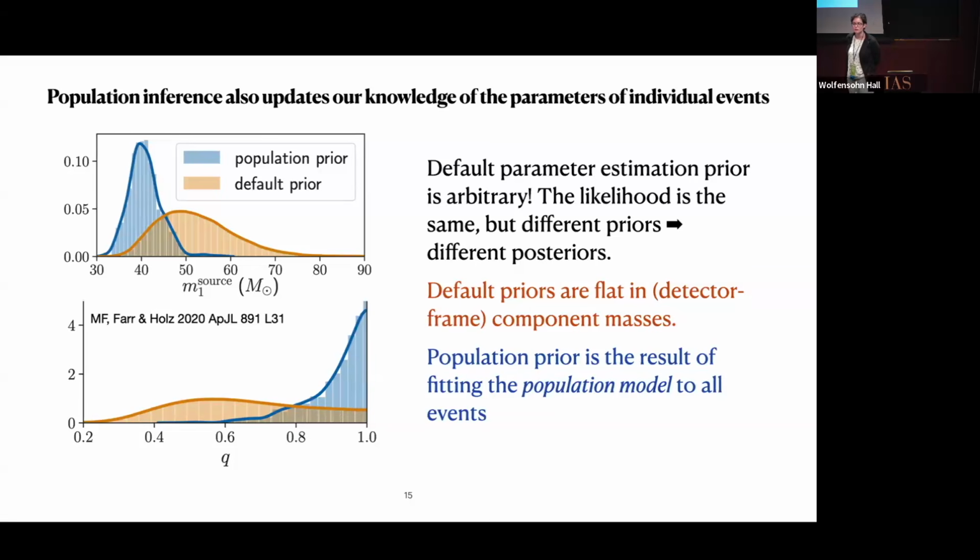Yeah, that's a great point. And I did say that the population inference is giving you the priors that you should have used in PE. I actually don't think that we should be changing our parameter estimation priors for the first step of the inference, because you're right, especially at this point where we're still learning what the population looks like, it could be that our population models are wrong.